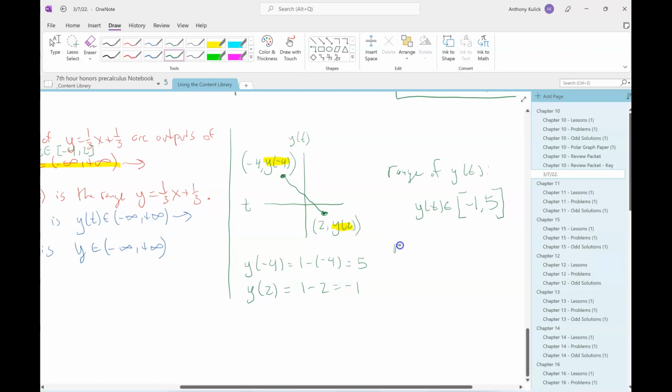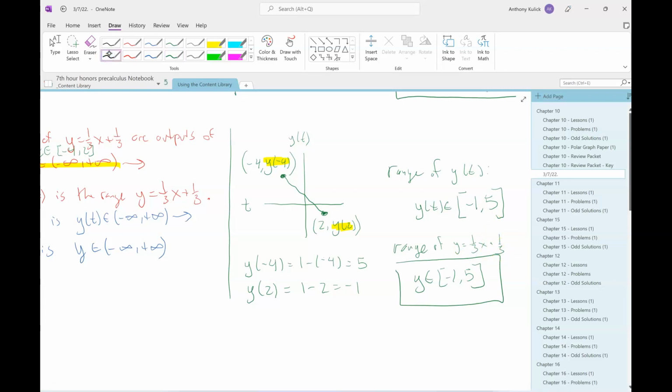So our range then is going to be -1 to 5. Does that feel okay?